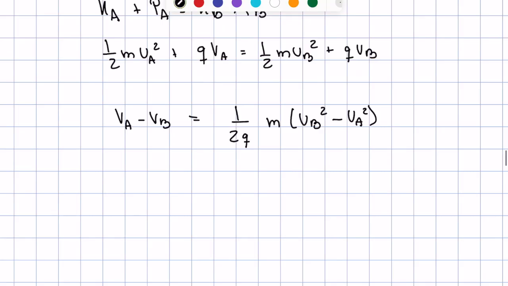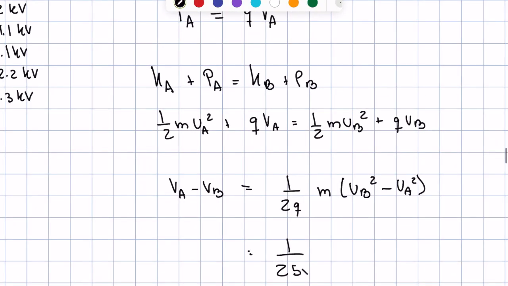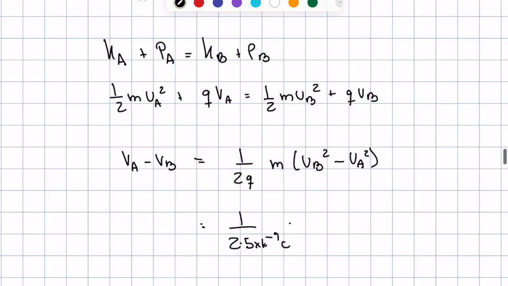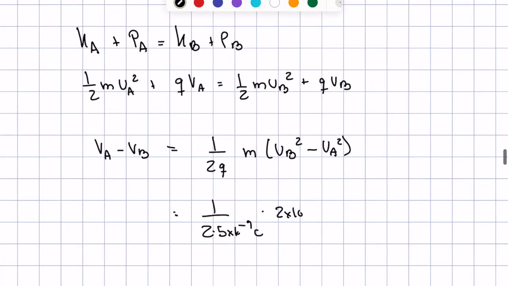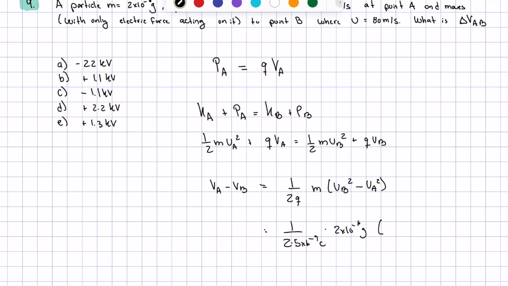If we plug in all of our numbers, we're going to get 1 over 2, and then Q is 5 times 10 to the minus 9 coulombs, and then the mass of 2 times 10 to the minus 6 grams. And then the speed at point B, that was 80 meters per second, and that's going to be squared, minus the speed at point A, which was 30 meters per second, and we're going to square that.